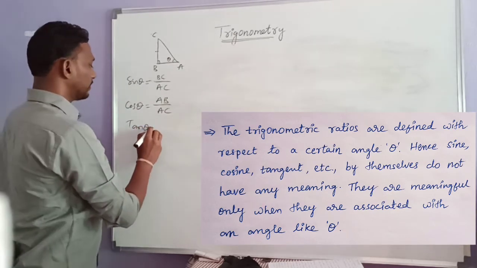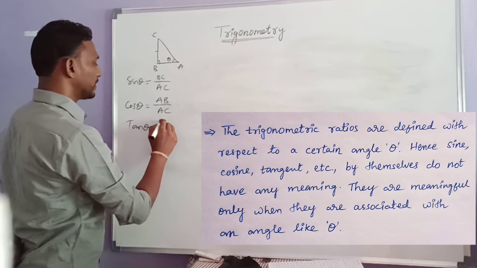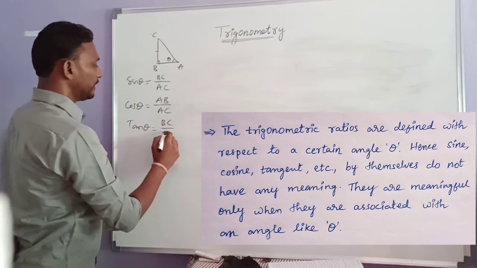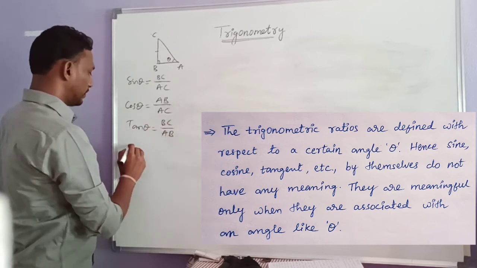So tan theta is the opposite side BC by AB, right?